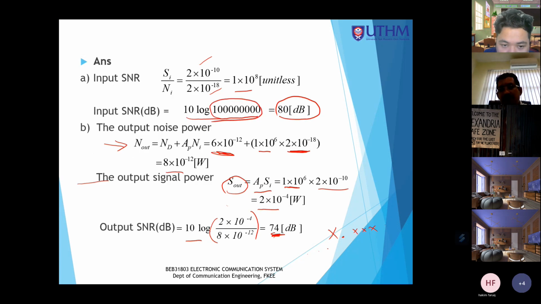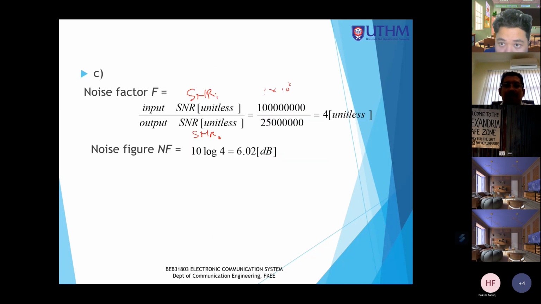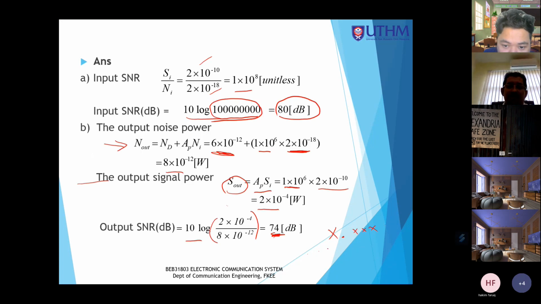Okay, divide with 2.5 million. 25 million. 25 million ni daripada mana? Which is from here. Okay, from here. Around 25 million this one.